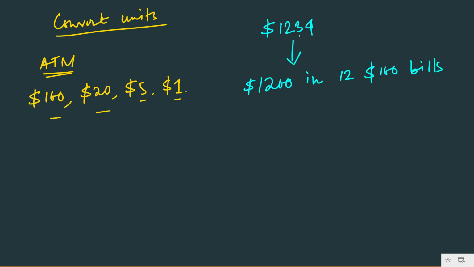And the remaining, which is 34, it will give you $20 in one $20 bill.